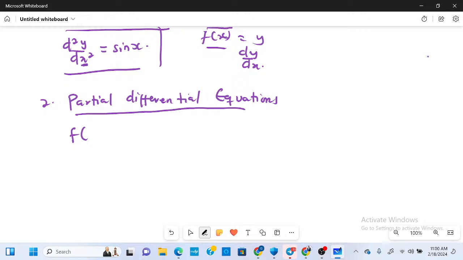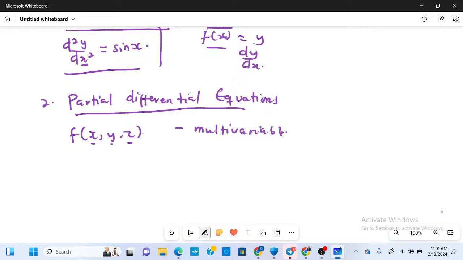So we can have a function of x, y, z. So a situation where we have a derivative of a multivariable function. Our function depends on x, depends on y, and depends on z as well.